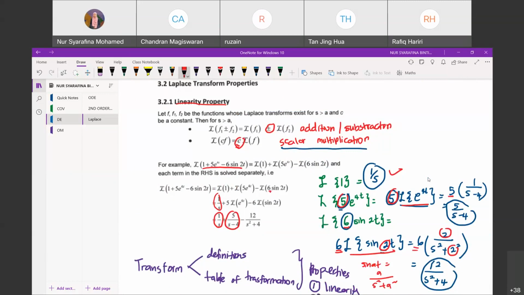That will give you 12 over s squared plus 4. Why minus? Because this is minus. Okay, clear? So this is how you implement the linearity property: transform separately one by one, and if you have a scalar multiplication, put that scalar outside. Okay, clear?